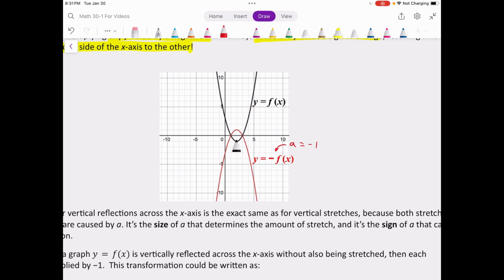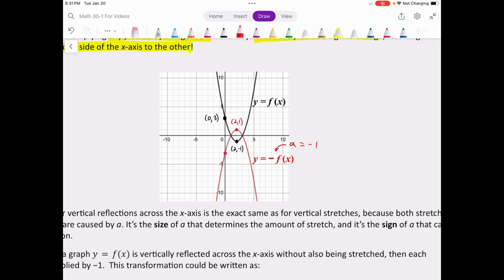So look at this. The point that used to be at (2, -1) has been flipped up across the x-axis to now be at (2, 1). How about this point here that used to be on the original graph at (0, 3)? Well, 3 times -1 is -3, so now that point is at (0, -3).